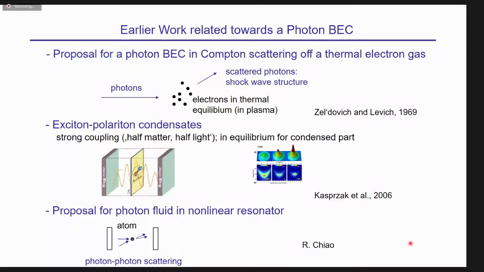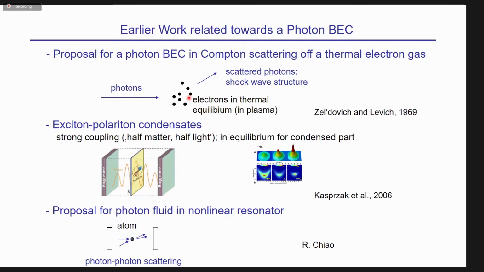So how can you do better? There has been earlier work related to a photon Bose-Einstein condensate, and the first work that I'm aware of is a proposal by Zeldovich and Levich from 1969, who proposed a photon BEC in Compton scattering of a thermal electron gas. The proposal was to scatter photons off electrons in thermal equilibrium in the plasma.